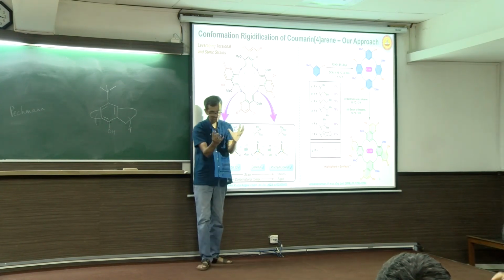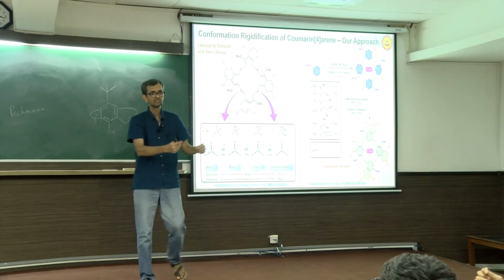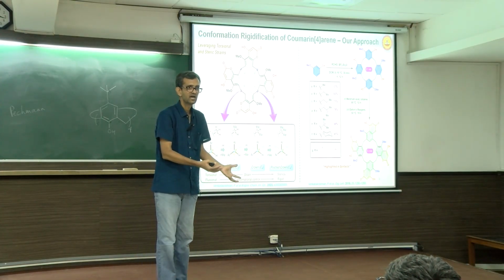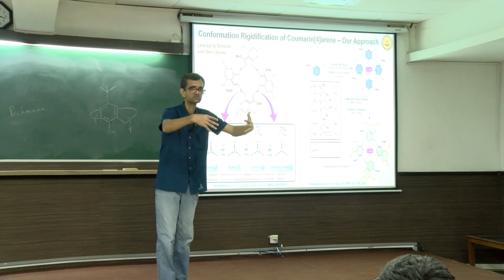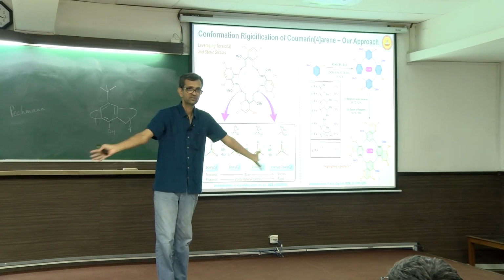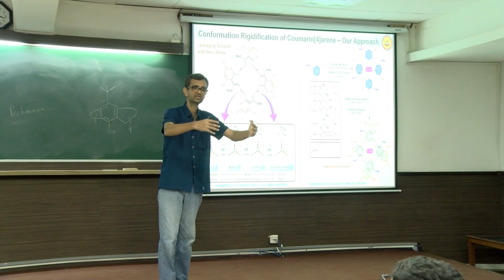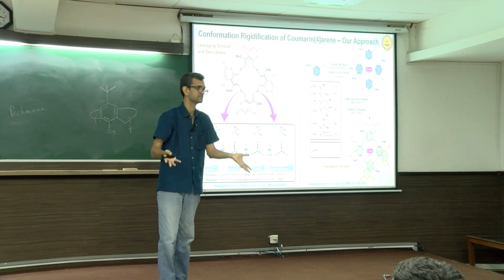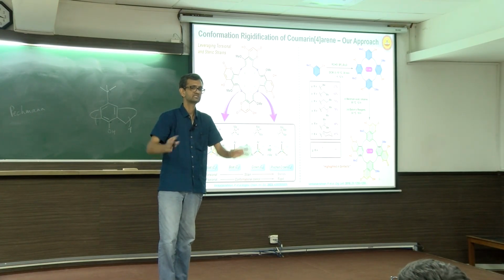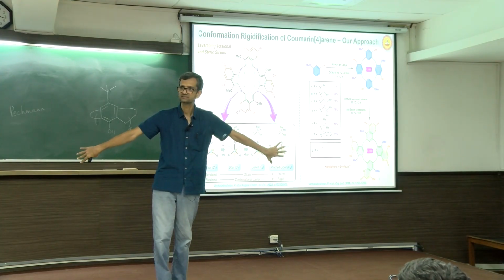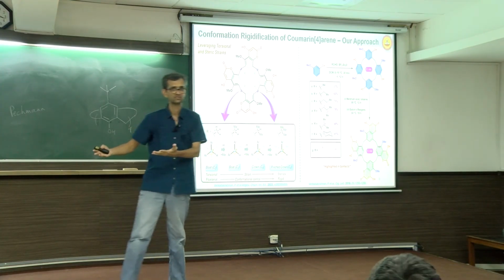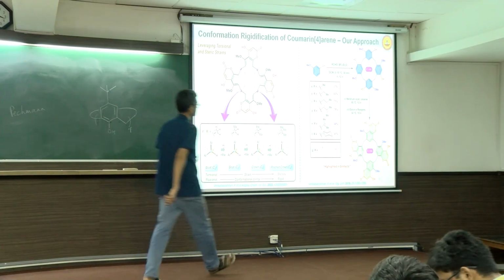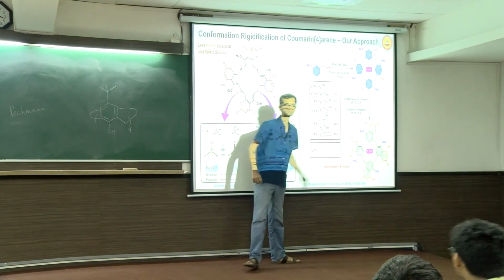If there is a big tertiary butyl group, there is not sufficient space for it, and hence it doesn't ring close. If it has to forcibly close, it becomes severely strained. Instead, it would avoid forming a ring and remain linear, so we are not able to isolate the macrocyclic product.